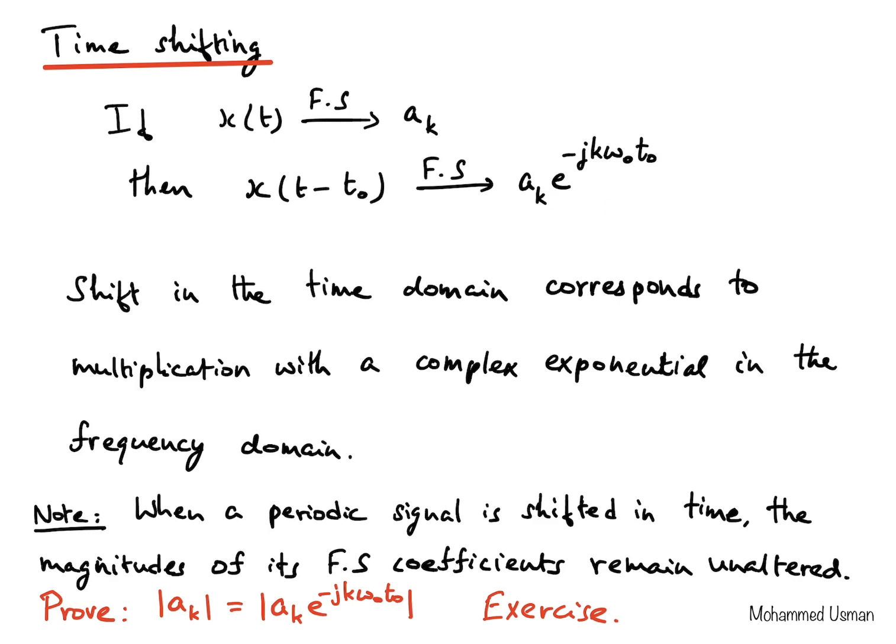So substitute, and using the basic concept of the magnitude of complex numbers, you'll be able to prove that the magnitudes of the Fourier series coefficients of the original signal x of t and its shifted version are going to be the same. So the magnitudes of the Fourier series coefficients are not altered as a result of the time shift.